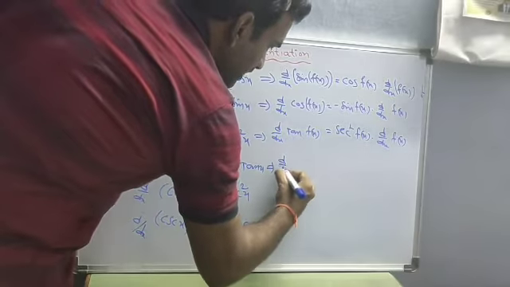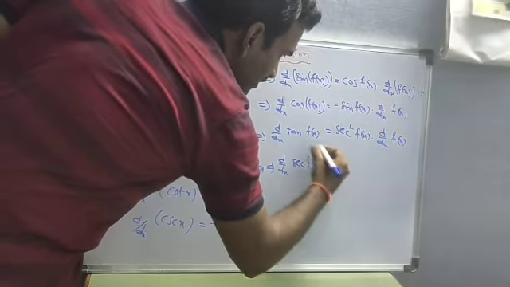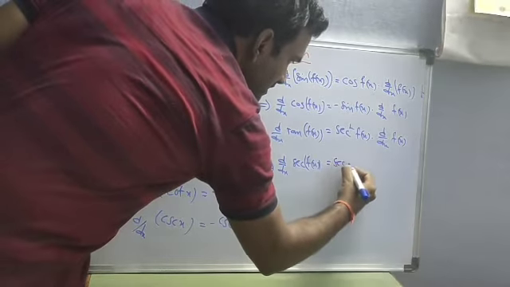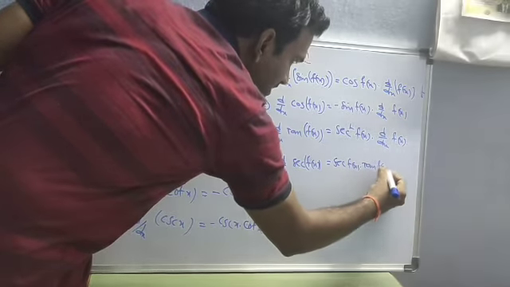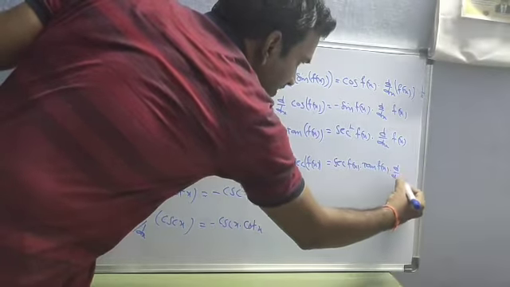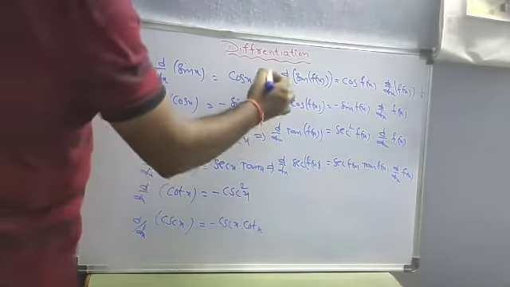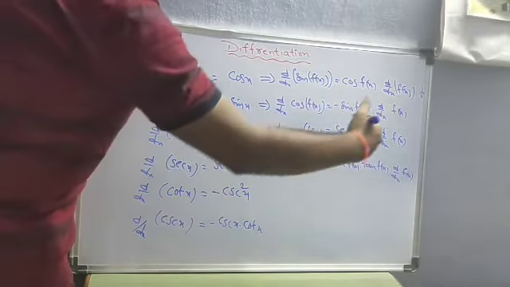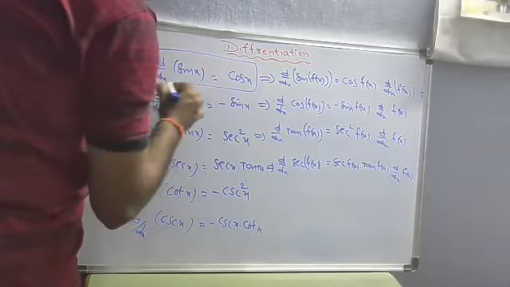Like this, d by dx of secant of f of x equal to secant of f of x into tan of f of x into d by dx of f of x. Same formulas, but the right hand side formulas are generalized formulas, and these earlier formulas are standard formulas.